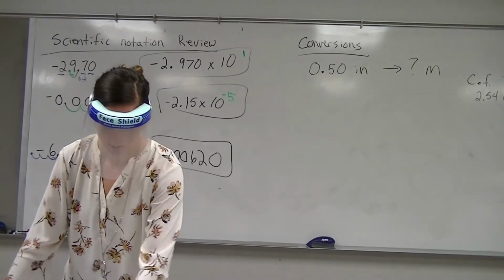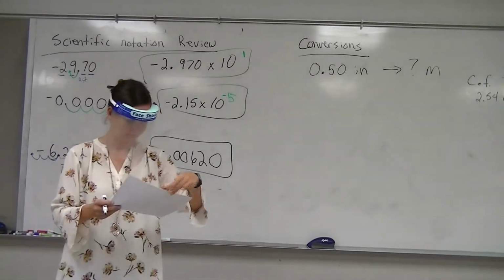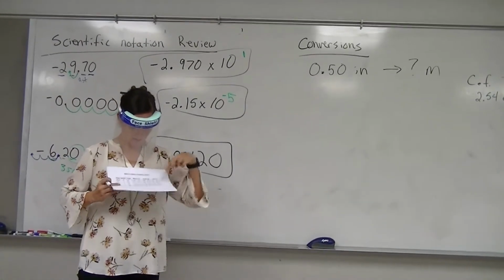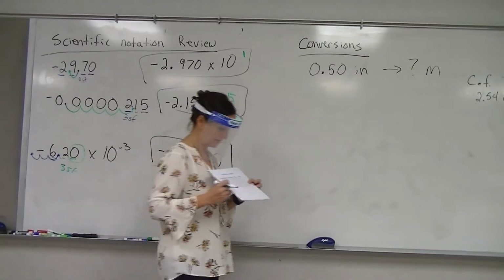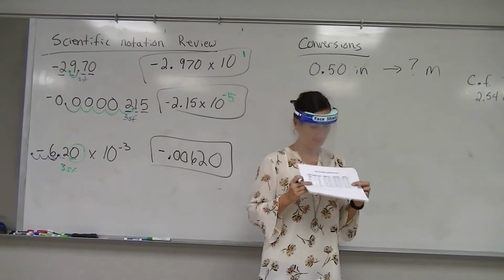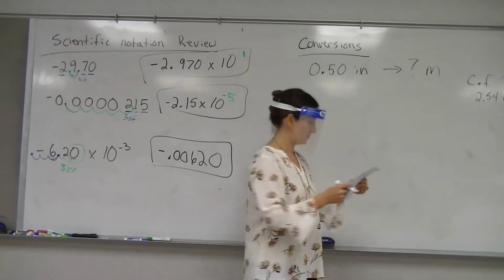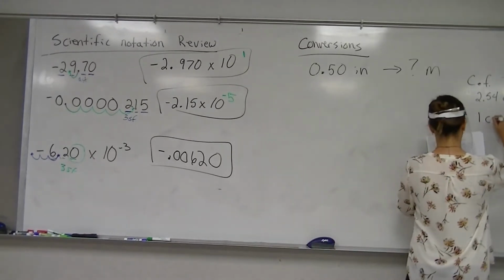You're going to get your cheat sheet. On your cheat sheet, find a conversion factor, separated by an equal sign, that has centimeters and meters in it. 1 centimeter equals 10 to the negative 2 meters.